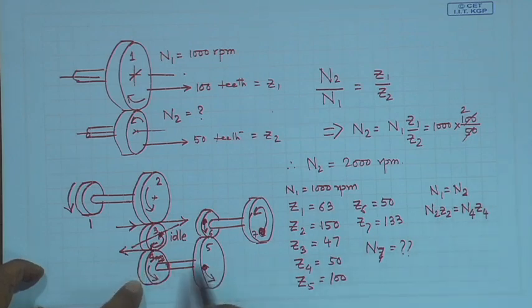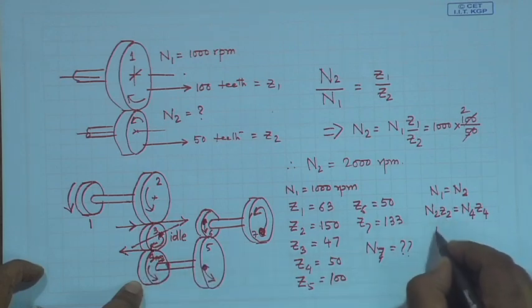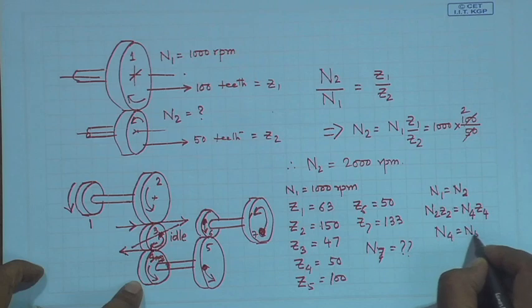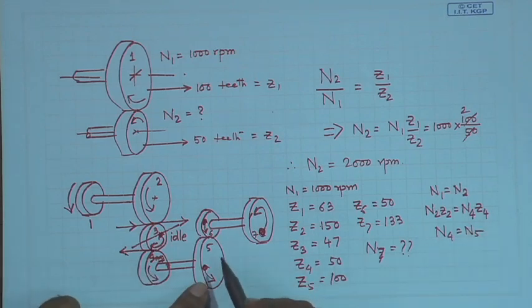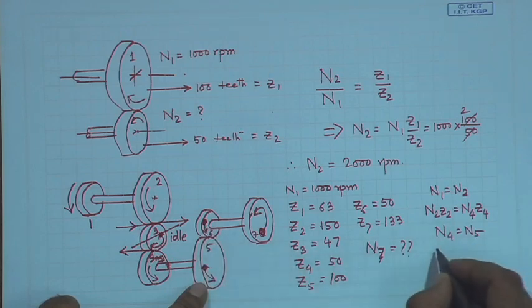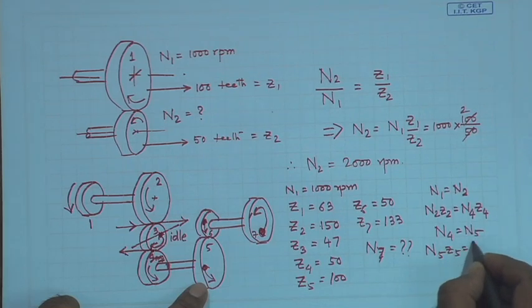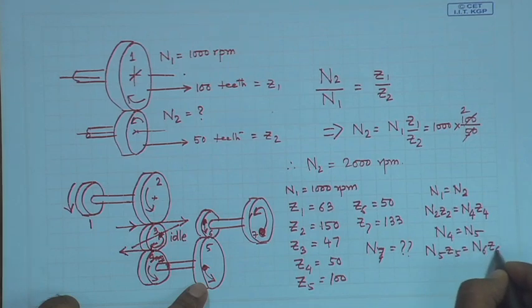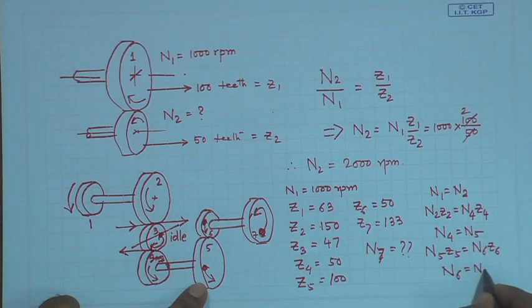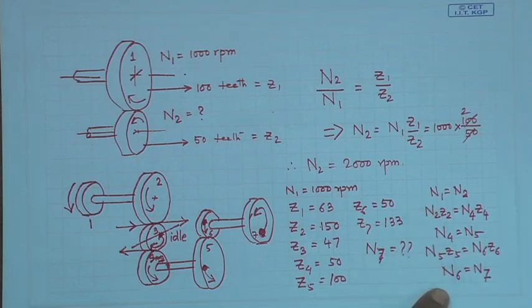Next, since this is a rigid body with same rotational speed all through, N4 is equal to N5. Next, if gear number 5 and gear number 6 are connected like this, we again establish N5Z5 is equal to N6Z6, and naturally N6 is equal to N7. That is it. With this sort of relationship conditions, we can find out by solving these equations.